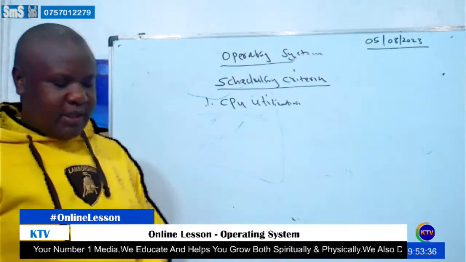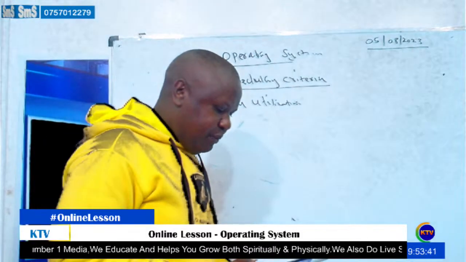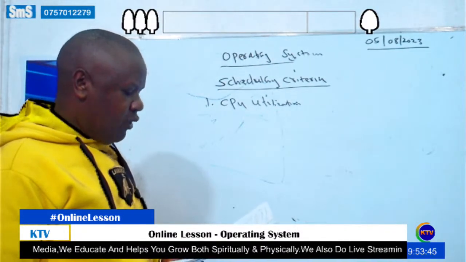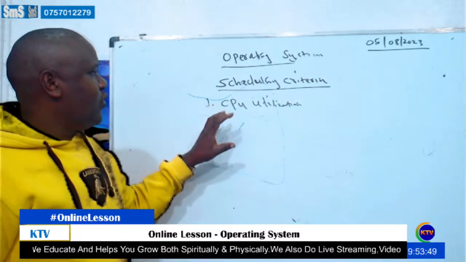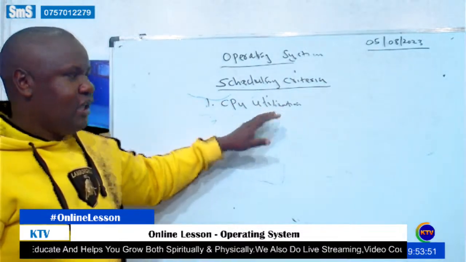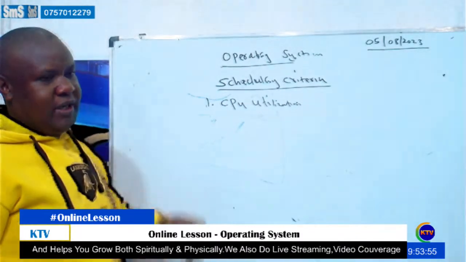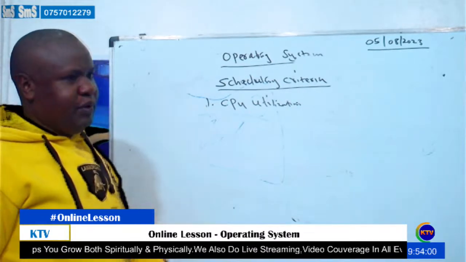Ideally, the CPU would be busy 100% of the time, so as not to waste even a second, and that is why we need what we call scheduling. One of the things we look at is CPU utilization.